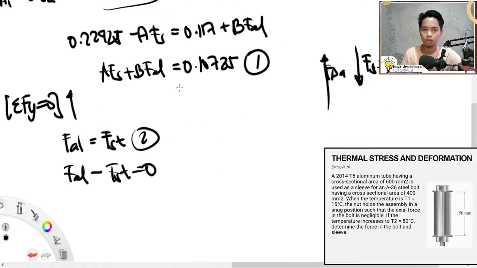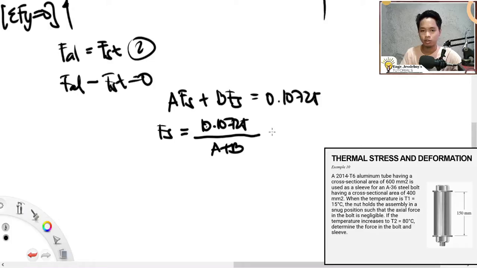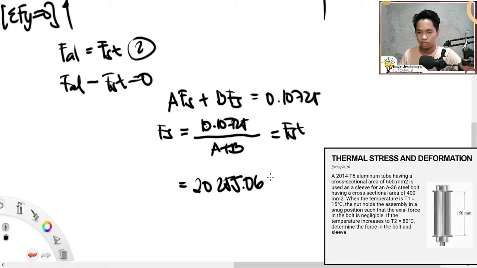You can use mode 3 to solve, or you can substitute directly. Since they are equal, I can just write A F_S plus B F_S is equal to 0.10725, or F_S is equal to 0.10725 divided by A plus B. So F_S, which is also the steel force, is equal to 20,255.06 Newton.